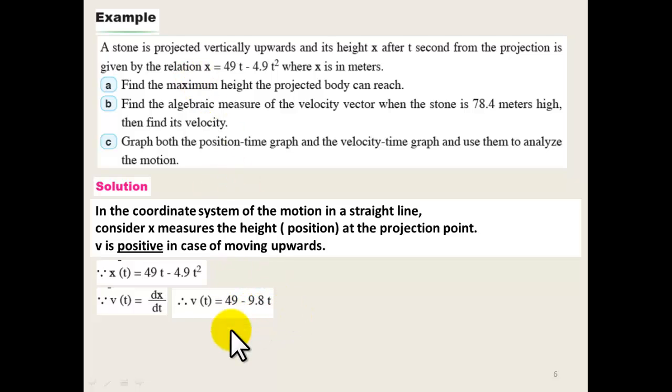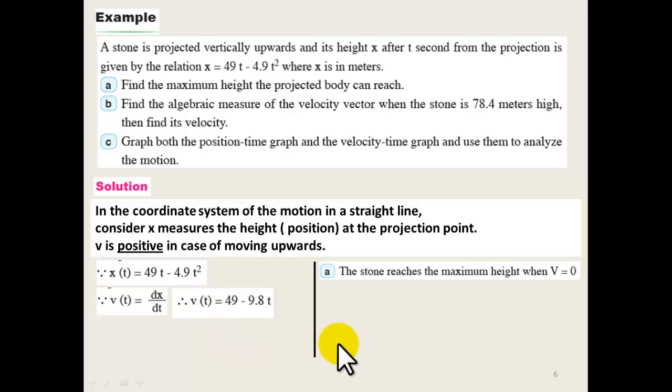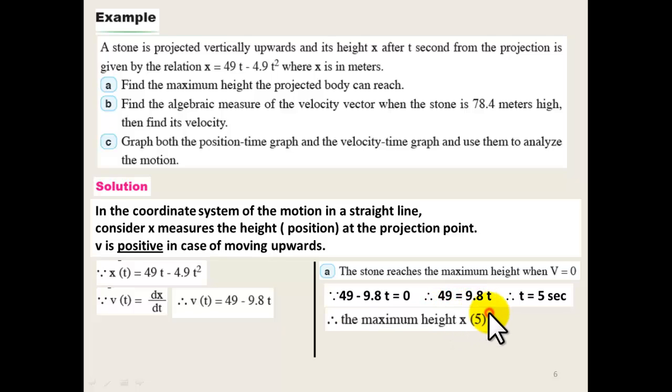At maximum height, V equals 0. So the stone reaches the maximum height when V equals 0: 49 minus 9.8t equals 0. It means 49 equals 9.8t, then t equals 5 seconds, by dividing 49 over 9.8. So the maximum height equals x of 5.